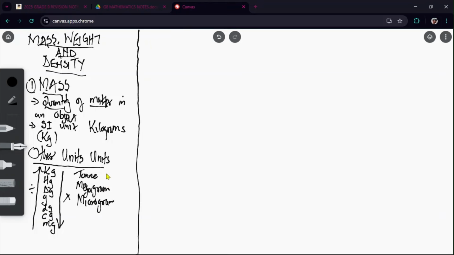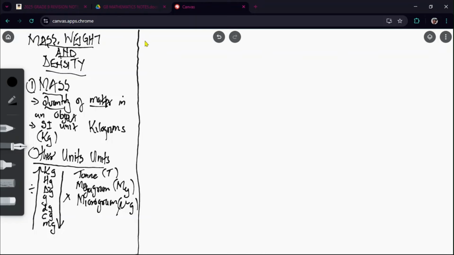The symbol for ton, you can use capital T or small t, and for megagram it's Mg, capital M. To simplify that, let me put them in capital letters. Then the symbol for microgram is that.